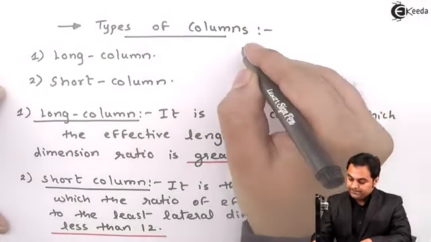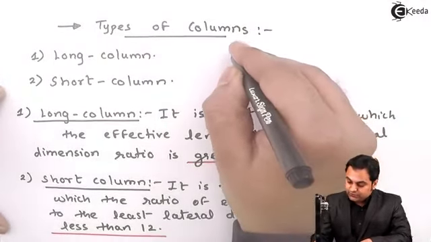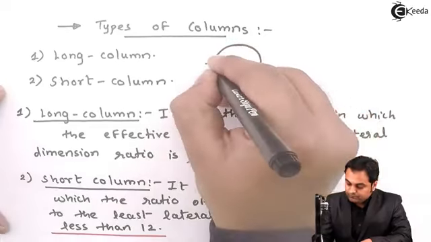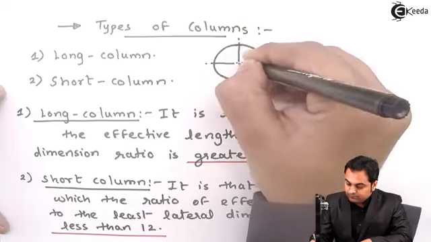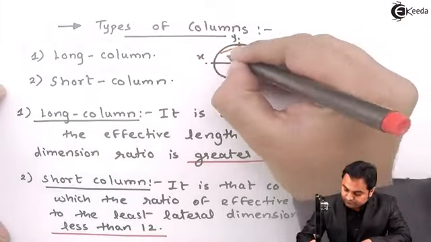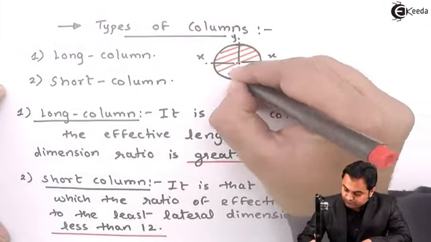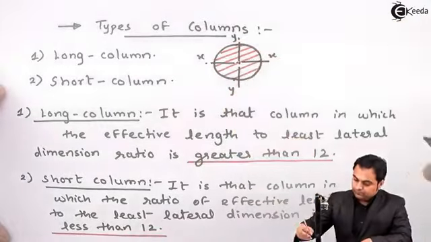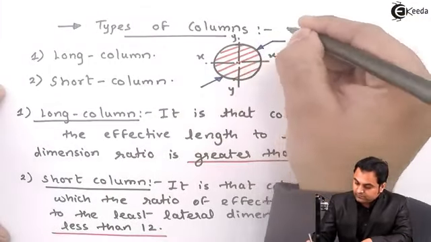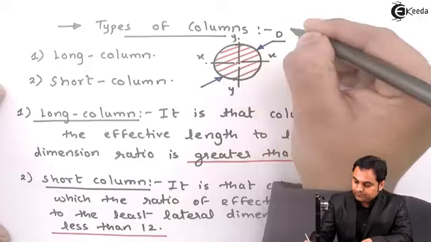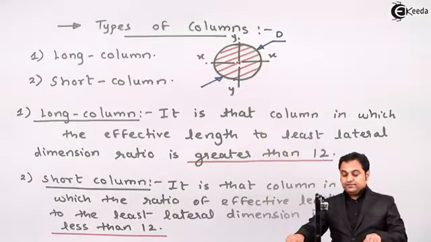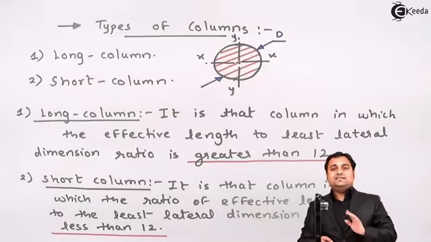First, I am assuming that the cross section is circular. The diameter of this circular column I am assuming to be capital D. Next, I'll assume the cross section as a rectangle.